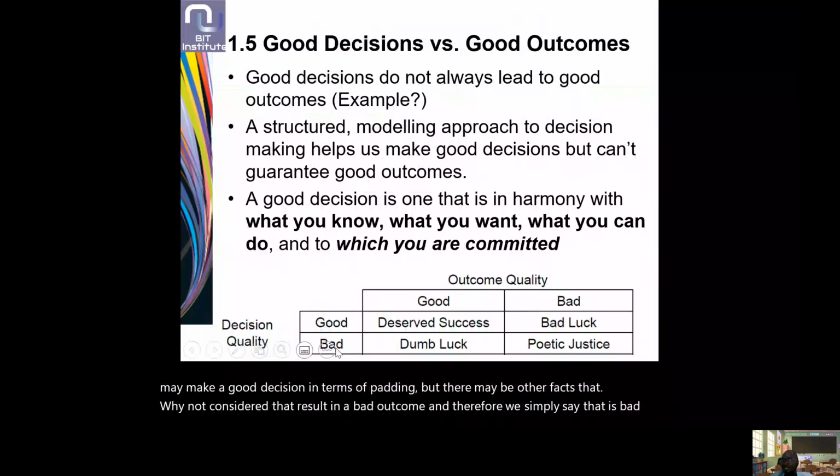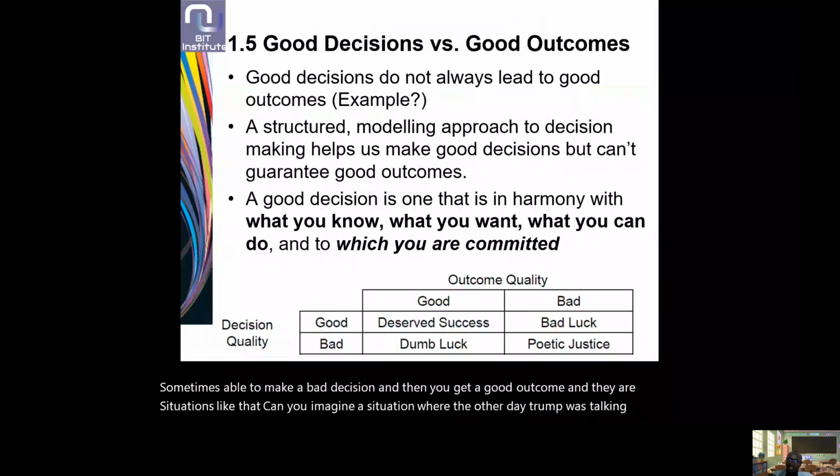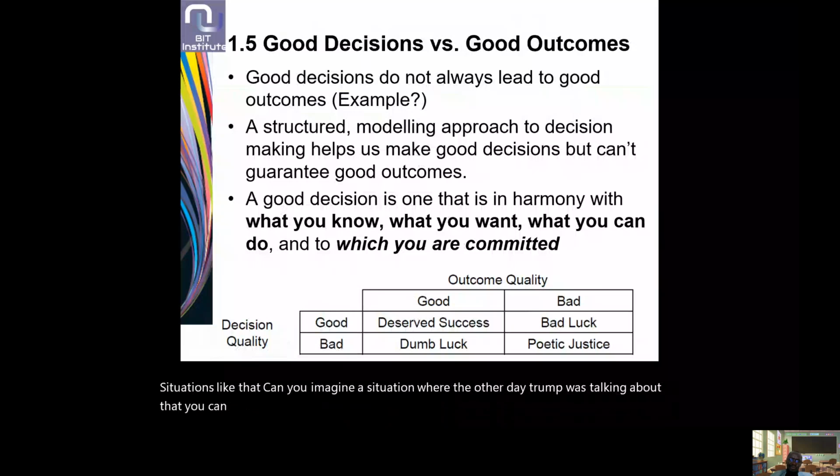Sometimes you're able to make a bad decision and then you get a good outcome. And there are situations like that. Can you imagine a situation where, the other day Trump was talking about how you can drink detergent and that can get rid of COVID? What if somebody actually did that and they got cured? Right?